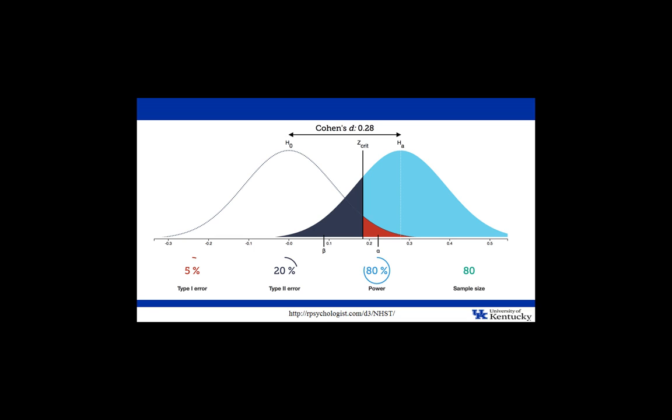A type 1 error is raising the red flag, we found an association, when in fact nothing was going on. We're under the null distribution, but it just so happened that the one time we calculate that test statistic, it ended up being more than the critical value we established. What's the other way we could screw up?